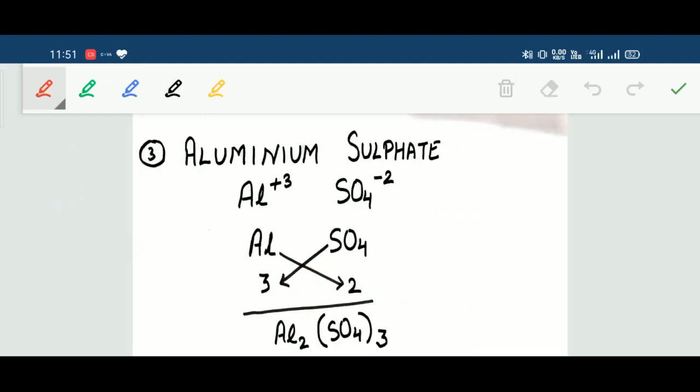Next we have an example of aluminium sulfate, in which sulfate is a polyatomic ion. Now students, note that the basic rules for writing chemical formulas involving polyatomic ions are the same, with just a slight difference. First of all, we will again write the cation, then the anion, then we will split symbol and valencies. In the case of aluminium, the symbol will be Al and the valency will be 3.